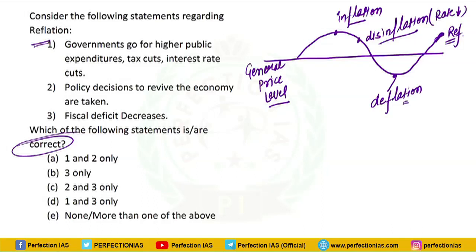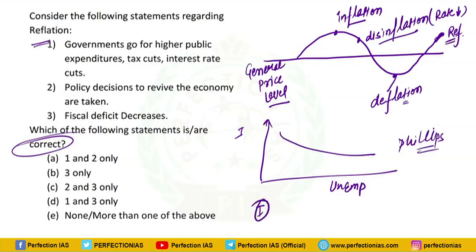So after economic slowdown, government tries to increase the demand in economy. So this is a situation that is deliberately brought by the government to increase the demand, and if demand will increase, then it will lead to lower unemployment. How are demand and unemployment connected? See, this is Phillips curve. This is inflation, this is unemployment, and as per Phillips curve, inflation means more people are interested to buy something.